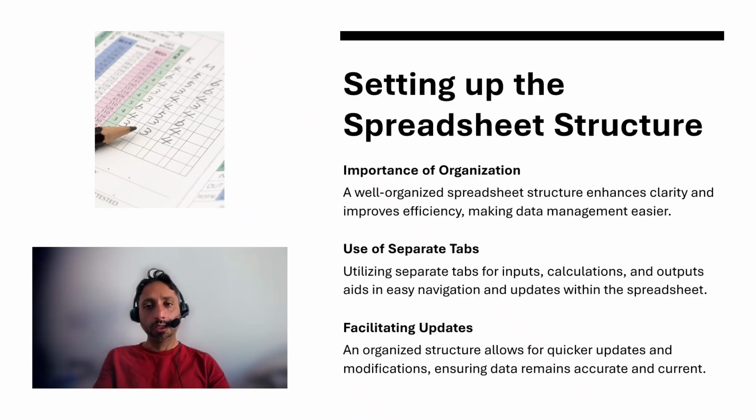So when you are setting up the spreadsheet for the financial model, you have to consider that your financial model should have clarity and simplicity so that every user is able to use it effectively. For that, you should develop separate tabs for separate functions.